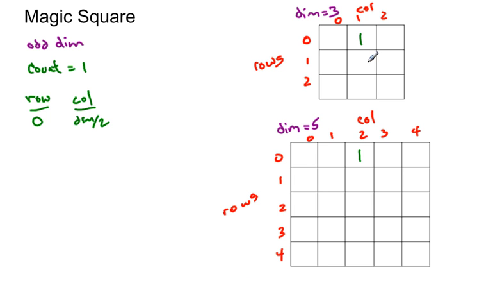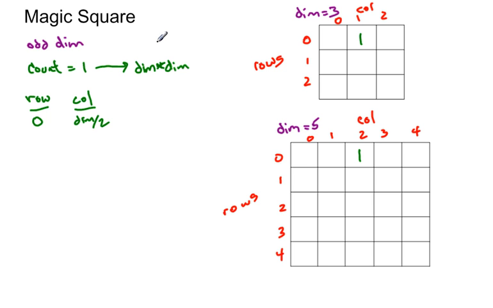All right. So now the next thing we need to do is we're going to be looping through until we're through all the numbers, and we know what numbers we're going to go through. So count starts at 1 and it's going to end at, well, in this one it's going to end at 9, and in this one at 25. And so hopefully you're like, oh yeah, it's going to end at dim squared, or easier, just dim times dim, right?